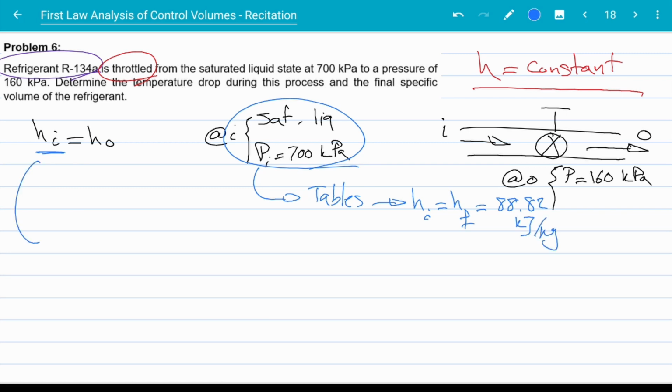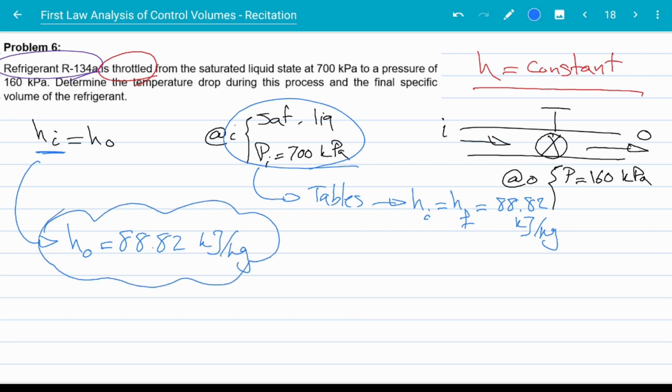Now, if I plug in this equation, I get that the enthalpy at the exit is also 88.82 kilojoules per kilogram. Now, I have the enthalpy at the exit, I have the pressure at the exit, but I'm not sure what my state is. So I need to check the tables again.